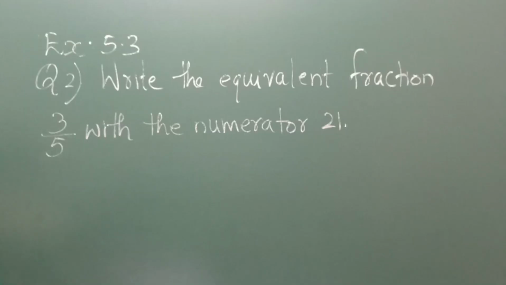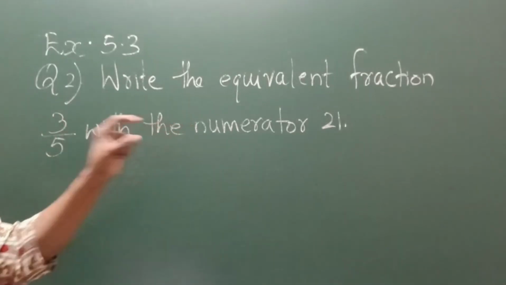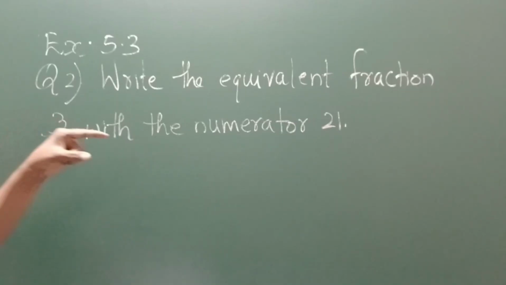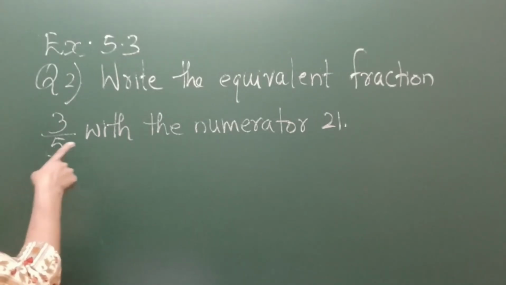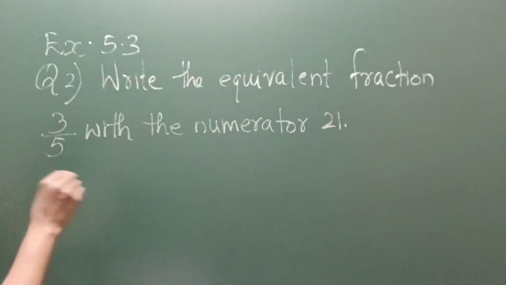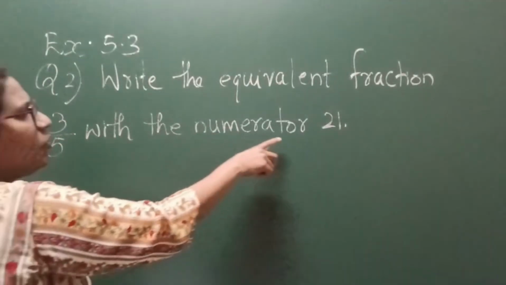Now what we have to find out is the remaining denominator. And it should be equivalent to 3/5. 3/5 is the given fraction. We have to find out another fraction which is equivalent to this with the numerator 21.